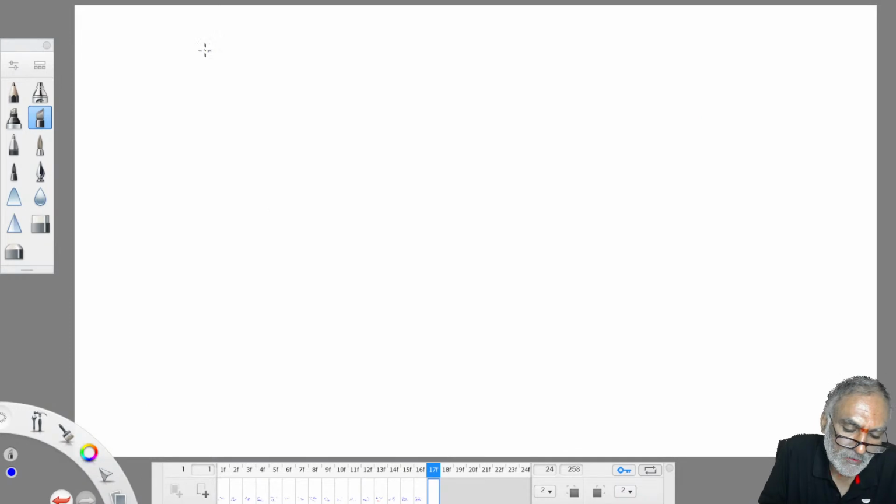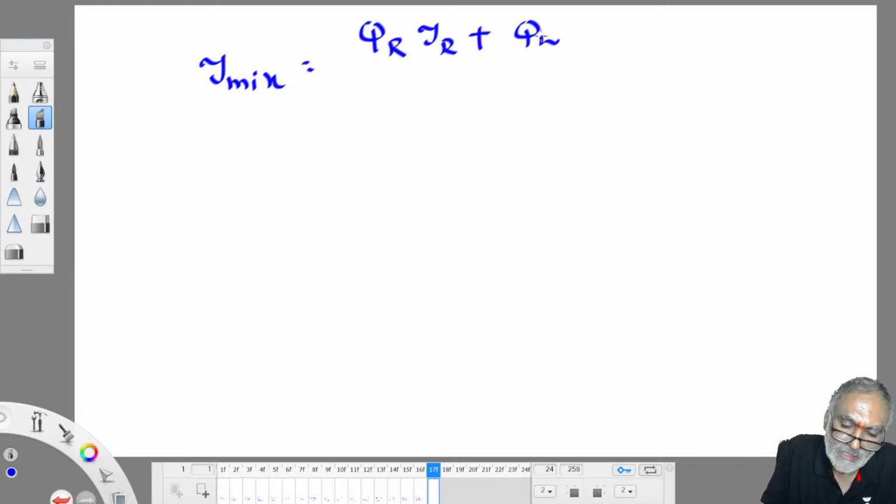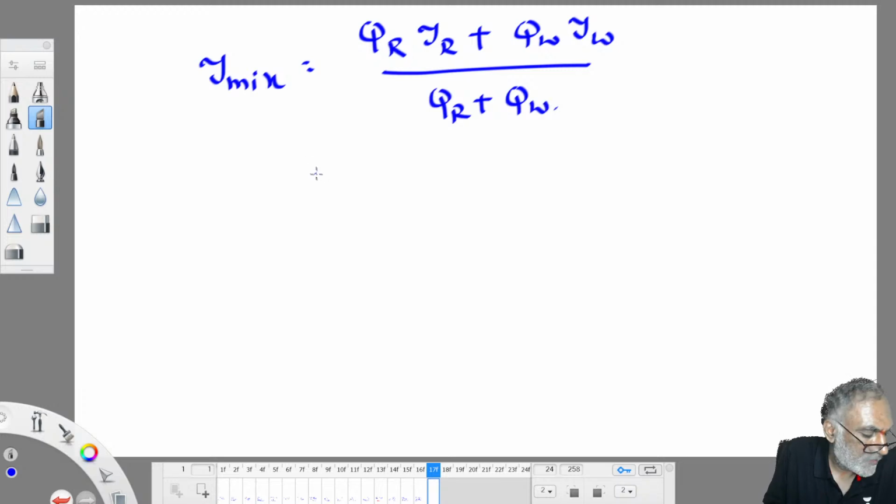So I have been asked to find out the BOD of the mixture. Y mix is equal to Q river into Y river plus Q wastewater into Y wastewater, by Q river plus Q wastewater. Q river is given as 40,000 meter cube per day.